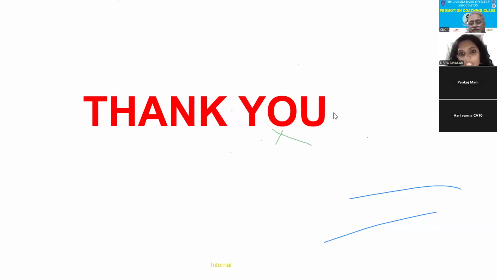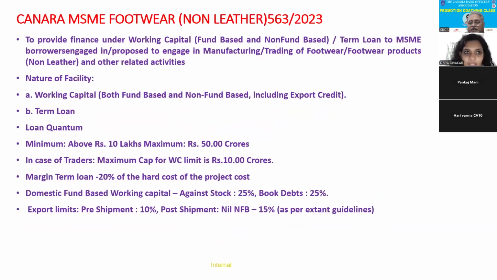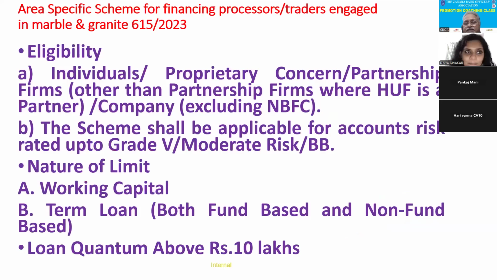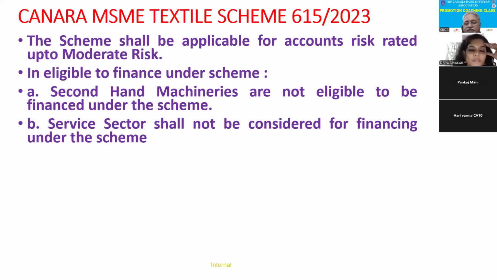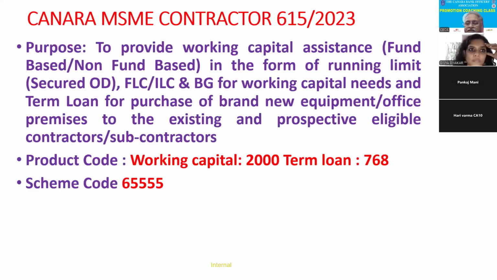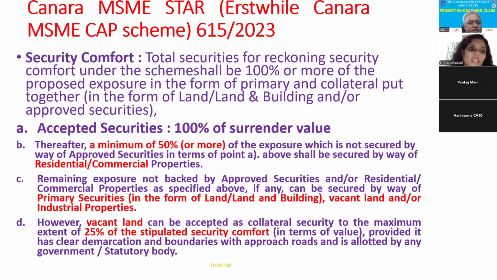So collateral in the MSME Star scheme is mentioned in that slide. I'll just go through that. See, we can take a security comfort of 100 percentage.